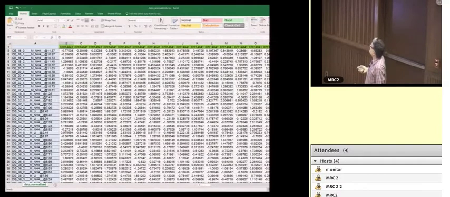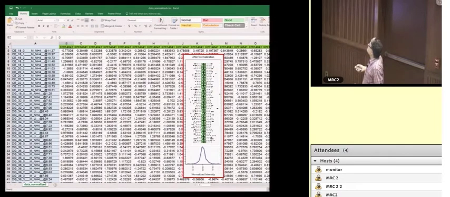So that brought us to the last version of the data, and the question is, is it now a good data set? And if we look at the distribution, you see that it's nicely normally distributed, and that convinced us that we can use this for downstream analysis.